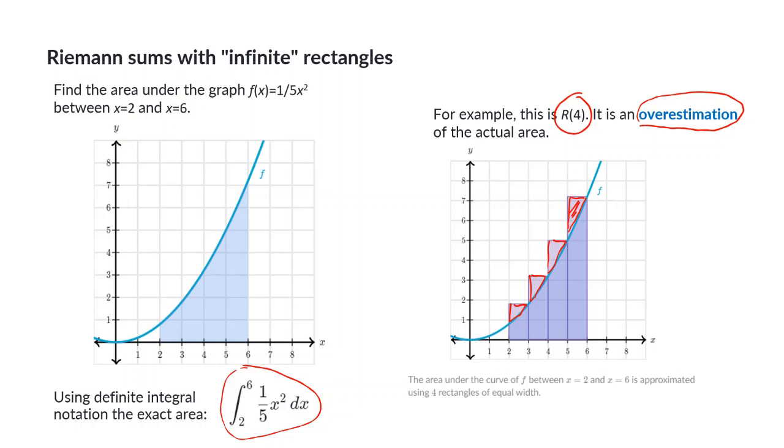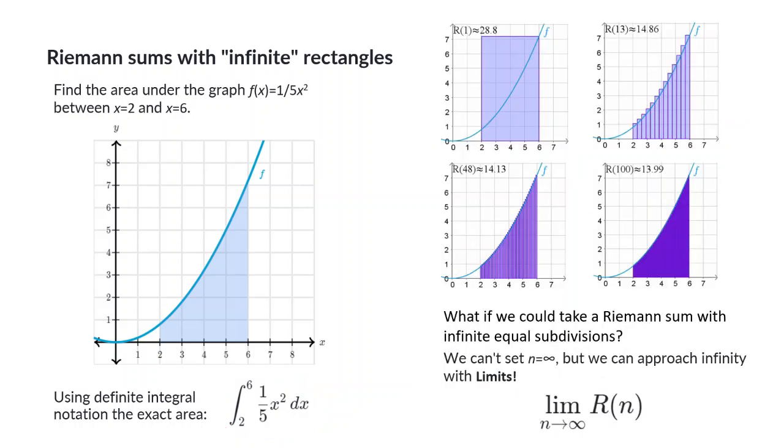And actually we can do a lot of simulations, a lot of trials, and as we increase the number of rectangles, for example when R equal to 1, the first approximate area is 28.6, but for R equal to 13 we have about 14, and when we increase the number of rectangles to 48, it's 14.13, and if we increase further with R equal to 100, it's 13.66.